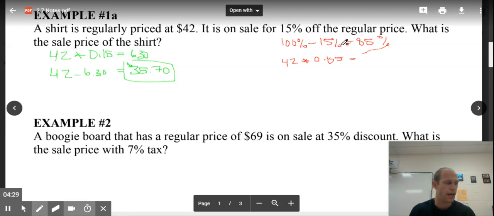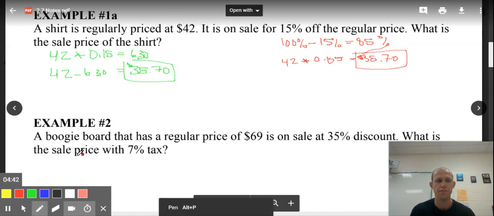So when I do that, I should get out $35.70. So check my math on these, make sure that these two answers are coming out to be the same like they should be.